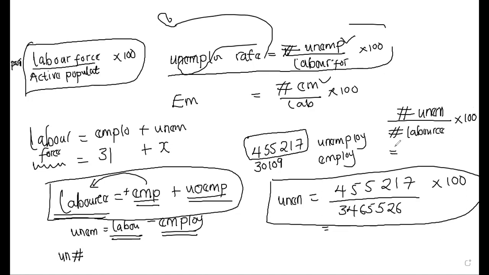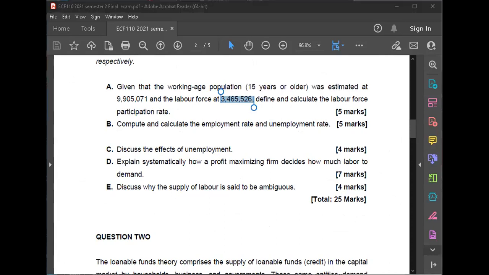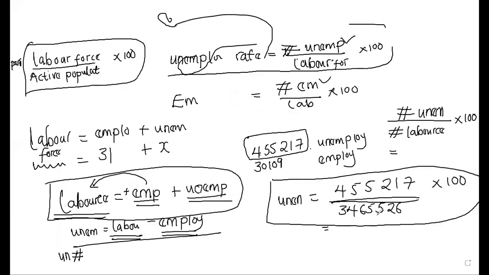The number of people that are unemployed, we found using this formula, was 455,217. Then the number of people in the labor force was given in the question, and that's the number we put there, 3465,526. Then you multiply it by 100, that's the unemployment rate. Hope we're good.